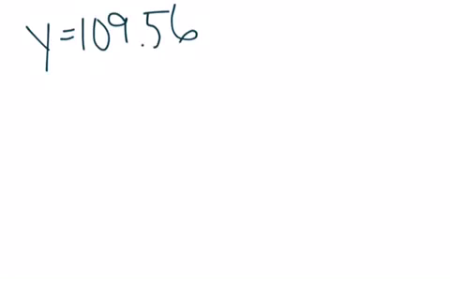The last example we're going to do is that second example below where it says consider a case in which y varies directly with x. It gives you that y equals 109.56 and x equals 8.3. It wants you to use a proportion to find the value of y when x is 2.2.